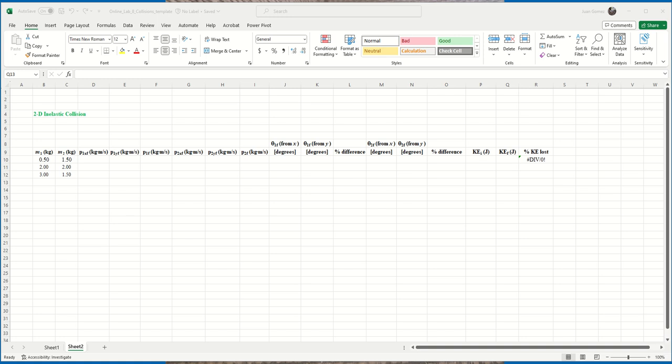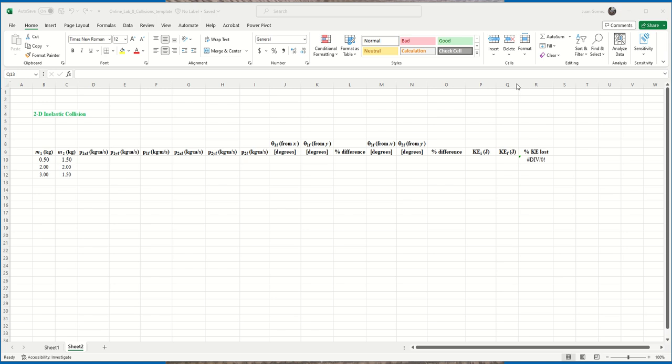Before I get to that, let me point out all the data that we enter: the count for the masses, the momenta, and the equations. Notice I've just added 3 columns: initial kinetic energy, final kinetic energy, and percentage of kinetic energy lost.